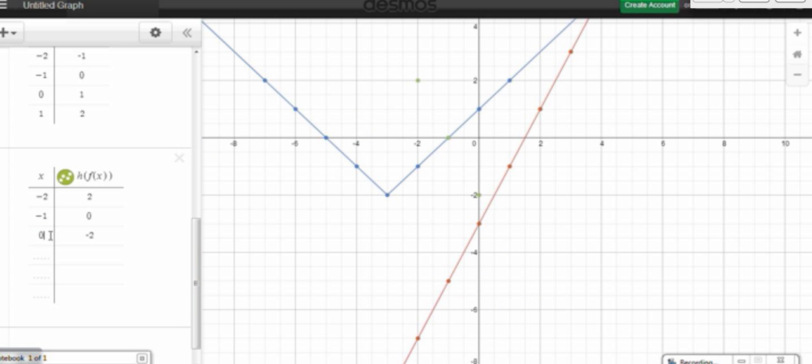And if we use 0, we get -2, and Desmos can do the work for us. And we can see what the graph looks like. It's those green dots right there.